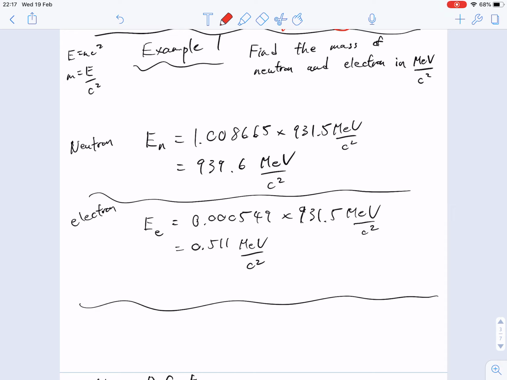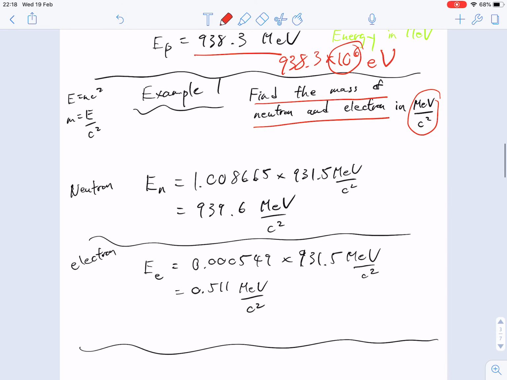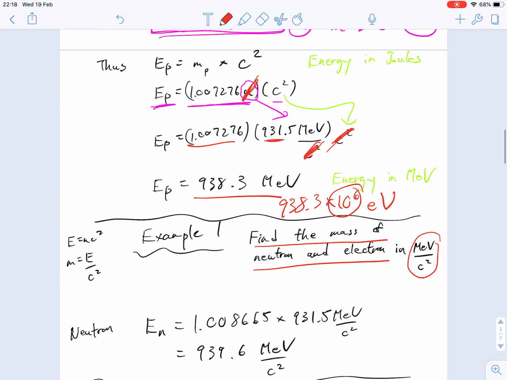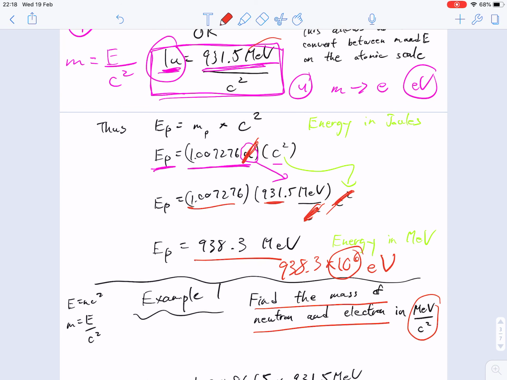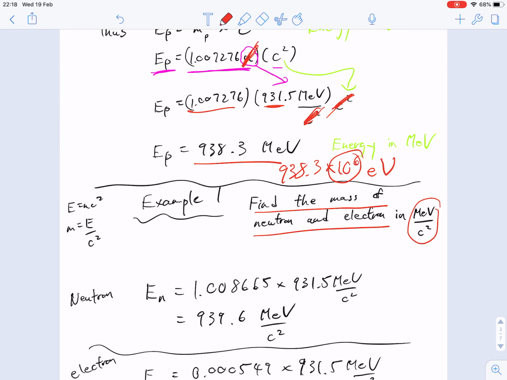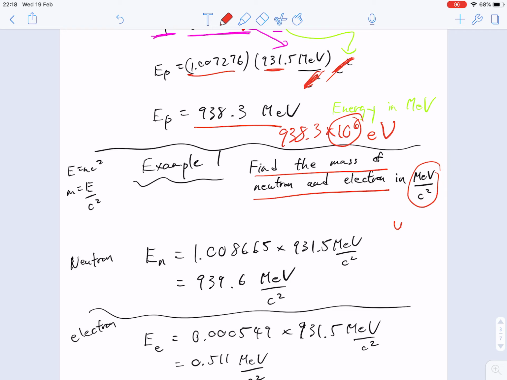This example is asking us to find the mass of a neutron and electron in MeV over c squared. Now, again, if we look at what happened a little bit earlier, that's exactly what was going on here. So really, MeV over c squared and U are the same things.